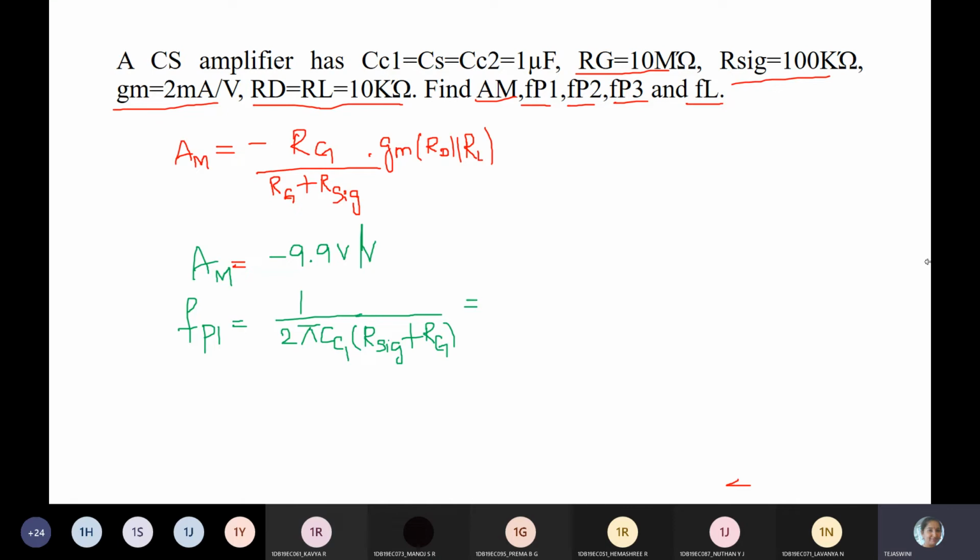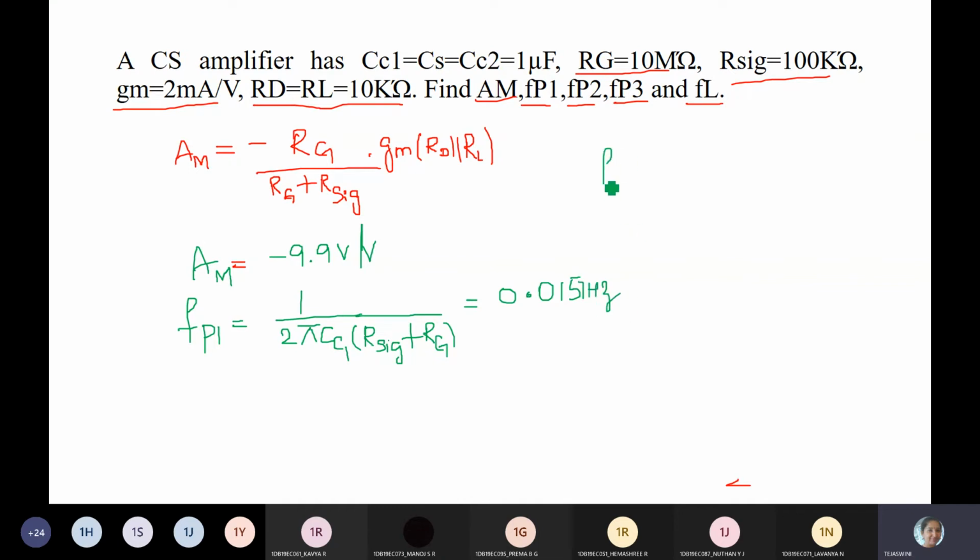Kiran? Yes, ma'am. Kiran, what was the answer for FP1? Ma'am, it is 0.0157. 0.015? 7, ma'am.